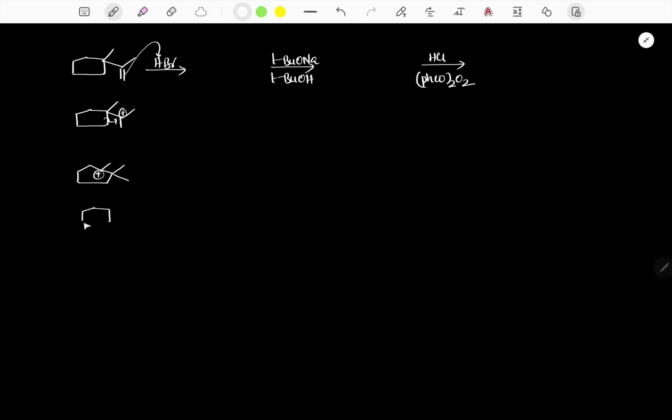If I write the structure clearly: six-membered ring, methyl, methyl, positive. Now we have to add the corresponding bromine. So it is electrophilic addition, and that's why the first product is a tertiary bromide.